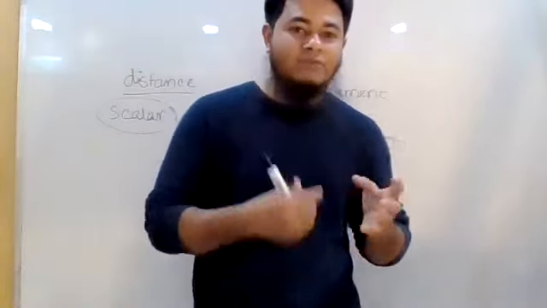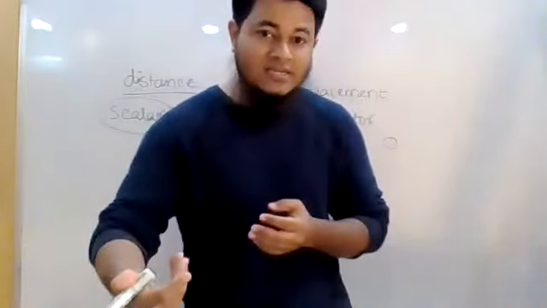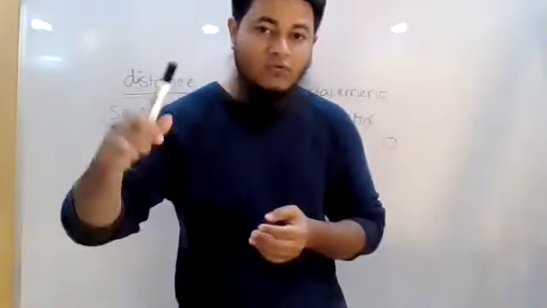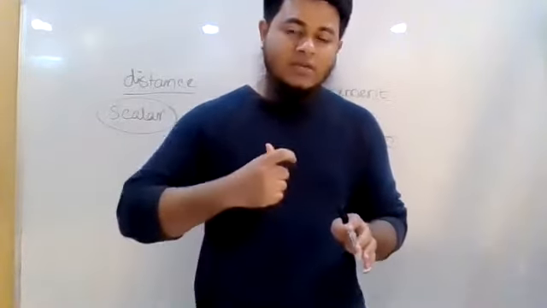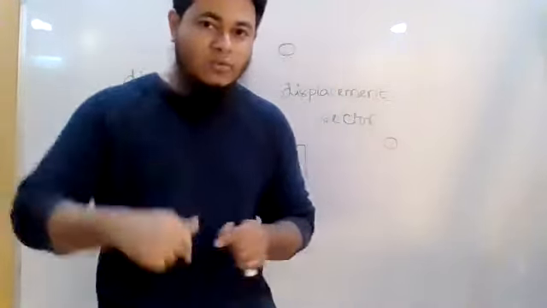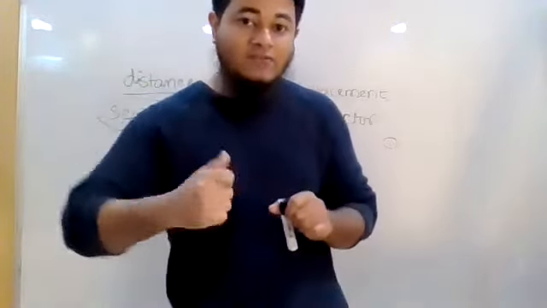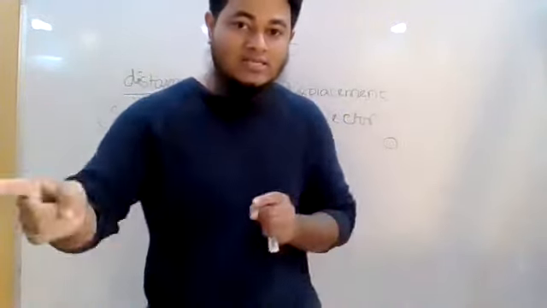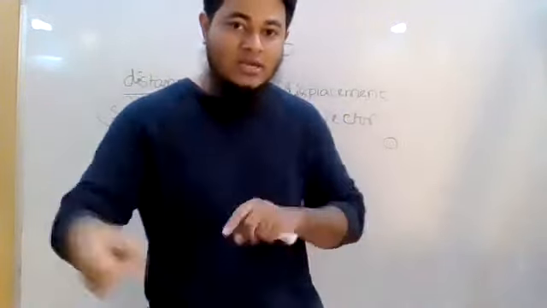If I say that I am at 50 meter distance from the Dasman Center, this 50 meter is the distance between me and the Dasman Center. So this is distance. No direction required, only the distance. But if he wants to locate me exactly where I am, I must tell him I am at 50 meter distance from the Dasman Center to the east, to the west, to the north, or to the south. So he will be able to locate me, right? So the question of direction arises when we are talking about displacement, right?